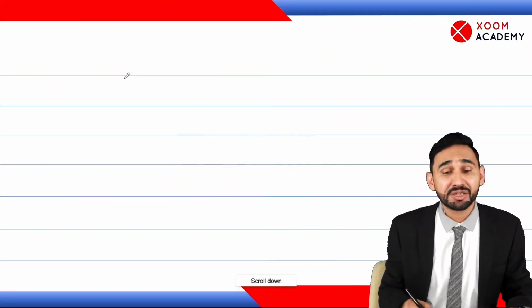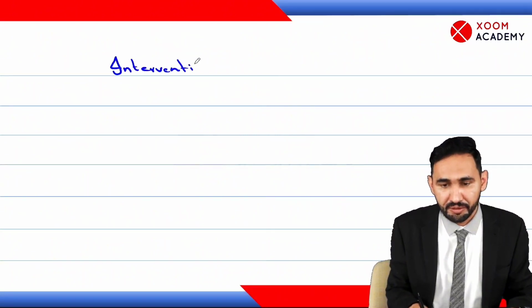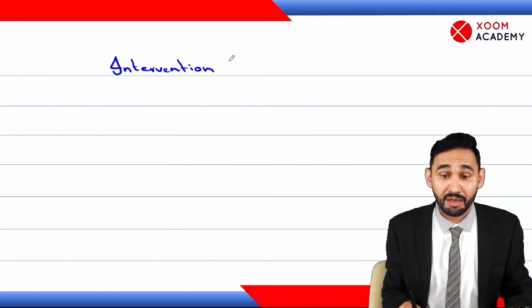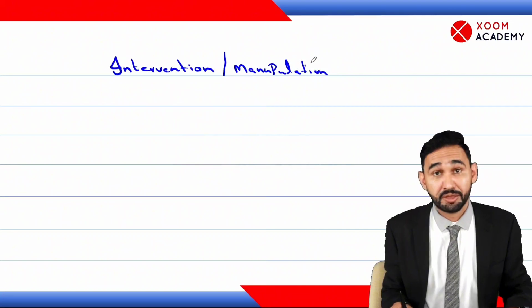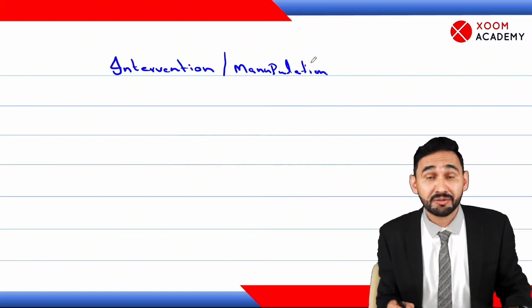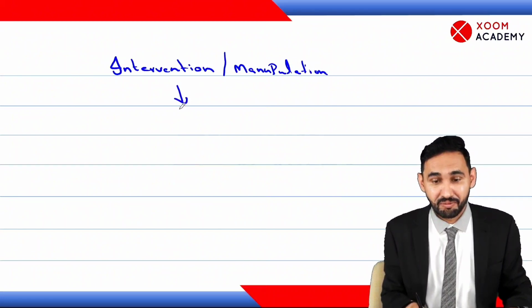After doing randomization, we will do intervention, or we will do manipulation. We'll give certain drugs, certain vaccines to these, and then we will do follow-up.